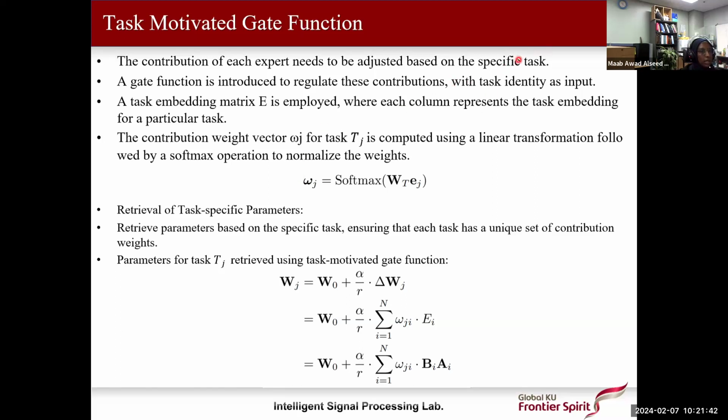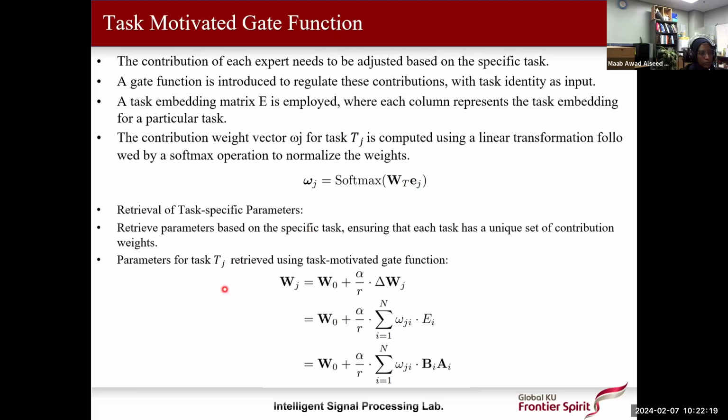But by using this task identity, we limit the inputs of the motivated gate function to just 8 different inputs. The contribution of the weight vector omega j for each task tj will be expressed as a softmax value, so the sum of the whole contribution of the experts will be up to 1.